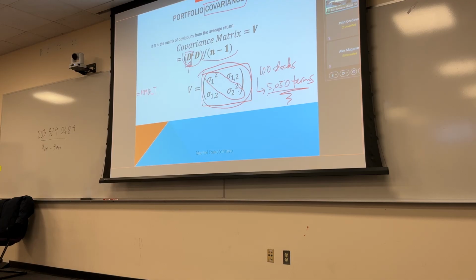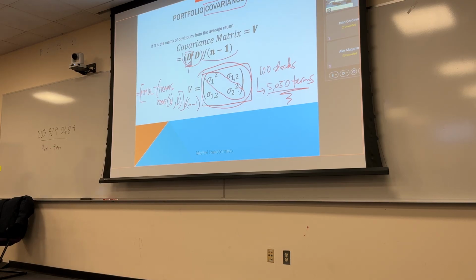The first matrix has to be transposed, so we transpose D, and the second matrix is D itself. That's the matrix multiplication. And then we divide this whole thing by n minus 1. I'm not telling you anything new here. It's something we talked about last time. I just want to make sure we refresh our memory, because we're going to use these formulas.